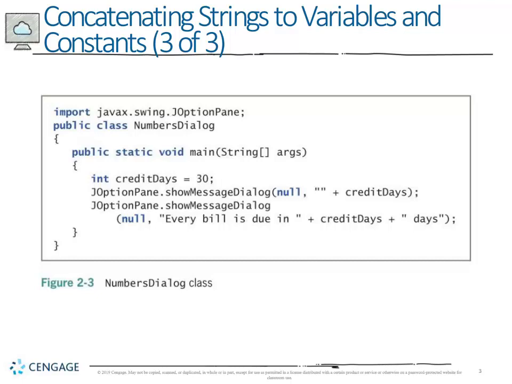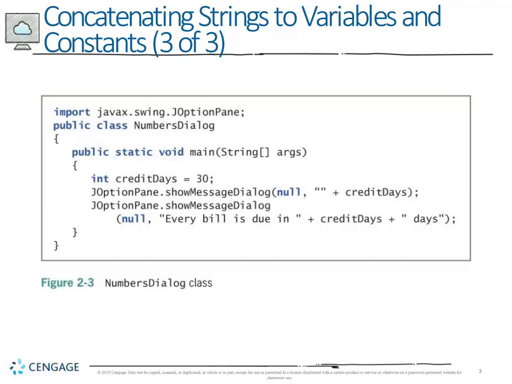You can make that field null, N-U-L-L, and still display the identical JOptionPane dialog. So the first argument is null, then comma, then the second one is an empty string, right? Because there are double quotes with nothing inside. And we use the plus sign to concatenate the empty string with the numerical variable creditDays.